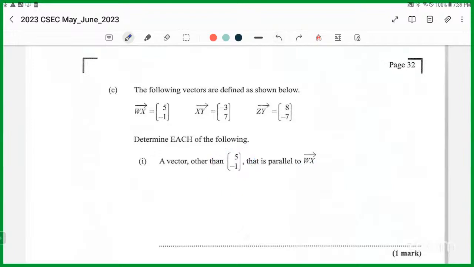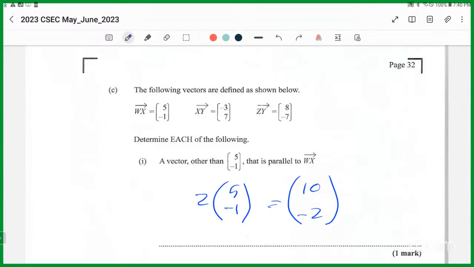A multiple of 5, negative 1. Any multiple of 5, negative 1. So we can write 2 times 5, negative 1, which will be 10, negative 2. You can put any multiple you want. Any multiple of 5, negative 1 will be parallel to 5, negative 1.